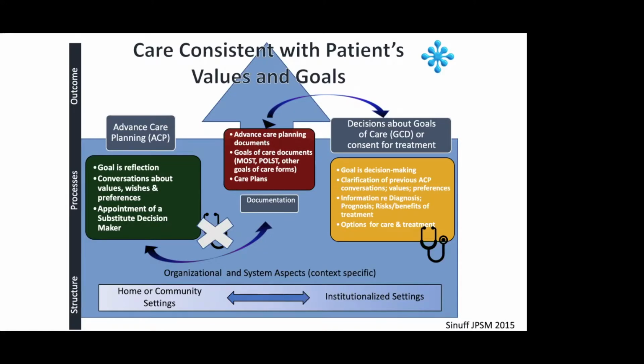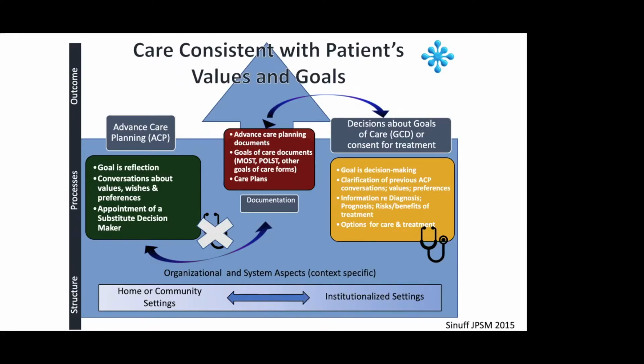And it could be said that advanced care planning is a good preparatory step for these more in-the-moment decisions about goals of care. But I will elaborate a theme that says actually we could be doing more harm than good by doing advanced care planning in a particular way.